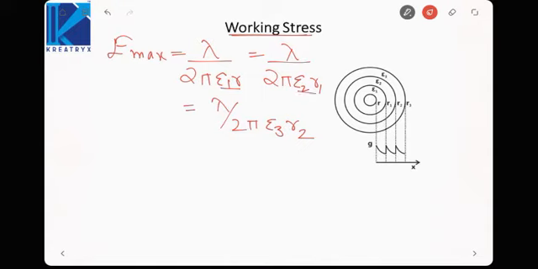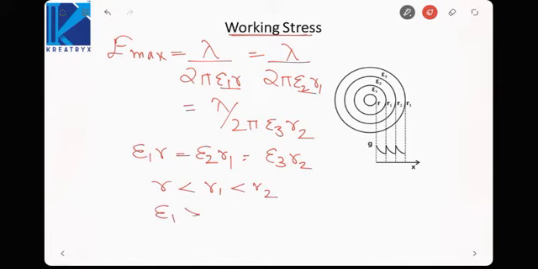Comparing, we get epsilon 1 r equal to epsilon 2 r1 equal to epsilon 3 r2. Since r is less than r1 is less than r2, epsilon 1 will be greater than epsilon 2, which will be greater than epsilon 3. So the material with the highest permittivity will be closest to the conductor.